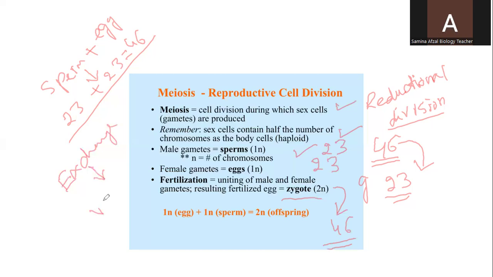So variations originate in meiosis. That is the reason every human body is different from one another. So meiosis plays a very important role in producing variations among human beings or organisms.